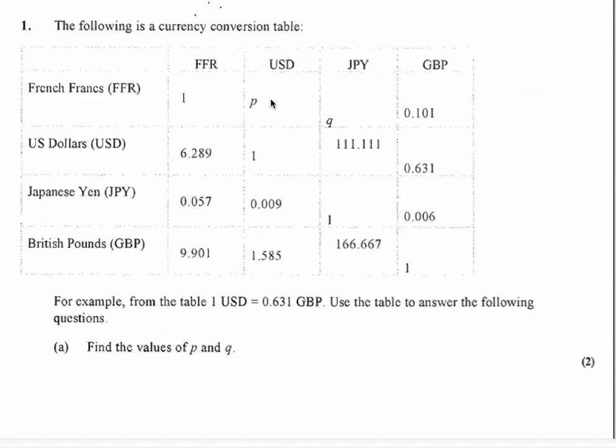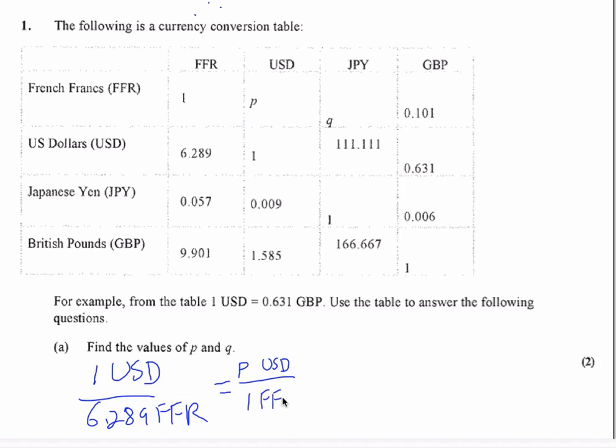Okay, in the next example, we're going to find the values of P and Q. The value of P is the number of US dollars in 1 French franc. So we're going to look at this column here. In this column, you can see that 1 US dollar is equal to 6.289 French francs. So we use that as a separate proportion. P US dollars equals 1 French franc.